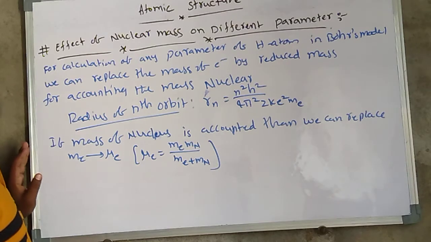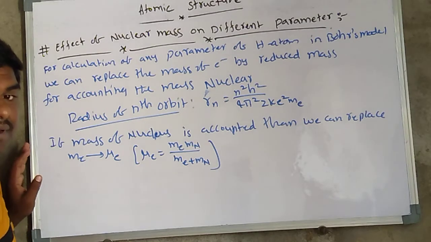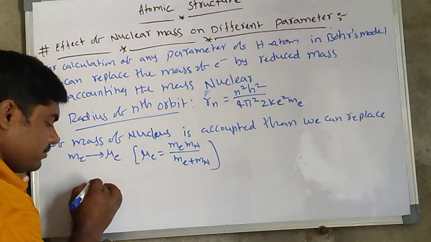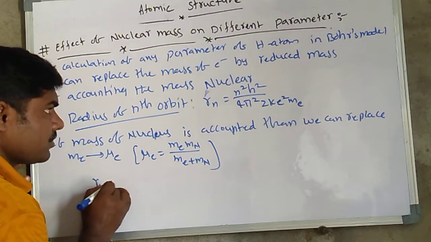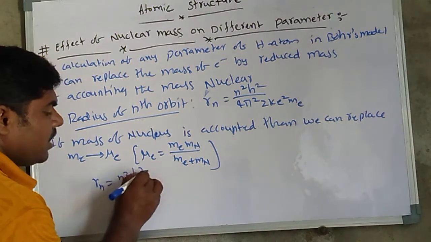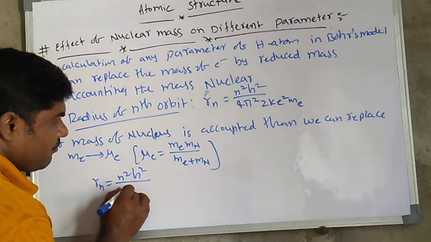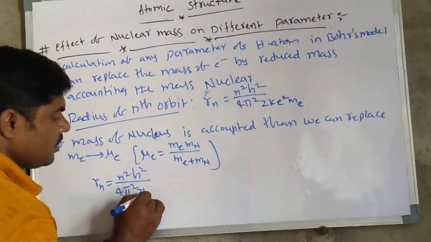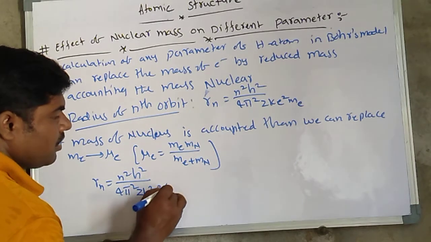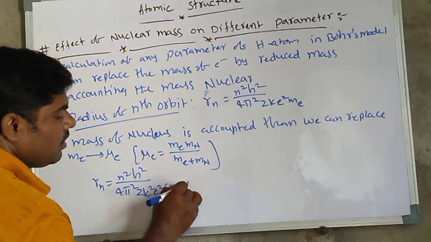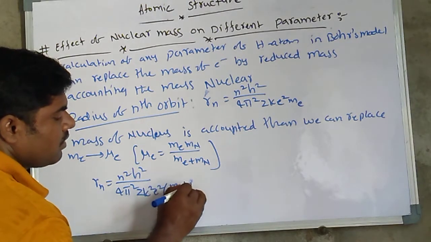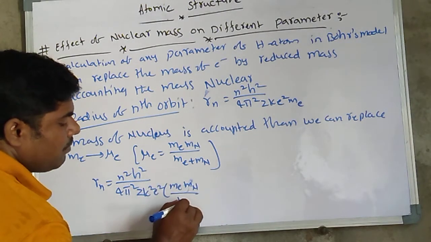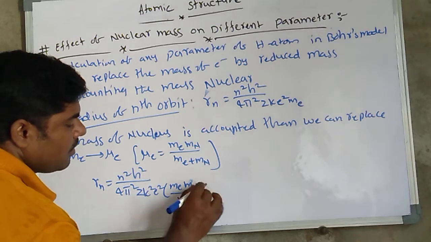Effect of nuclear mass on different parameters. So you will get here Rn is equal to n square h square divided by 4 pi square Z k square e square into me mn divided by me plus mn.